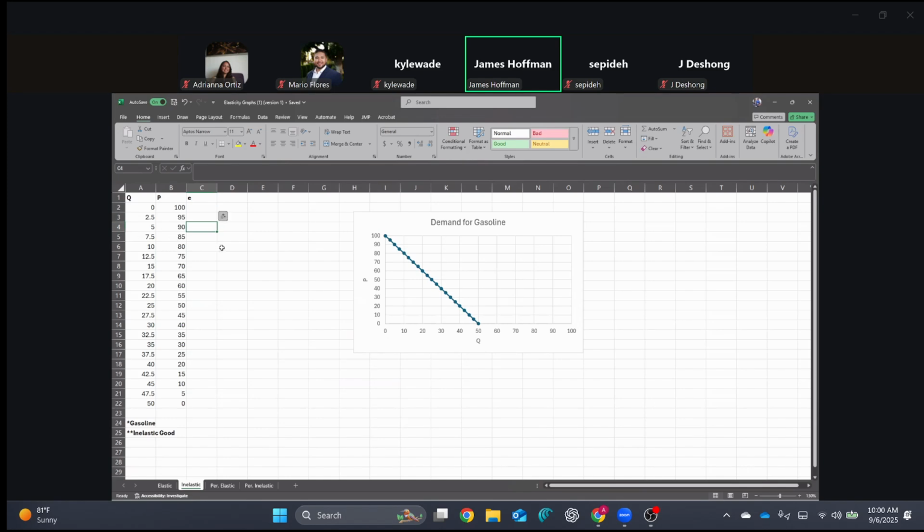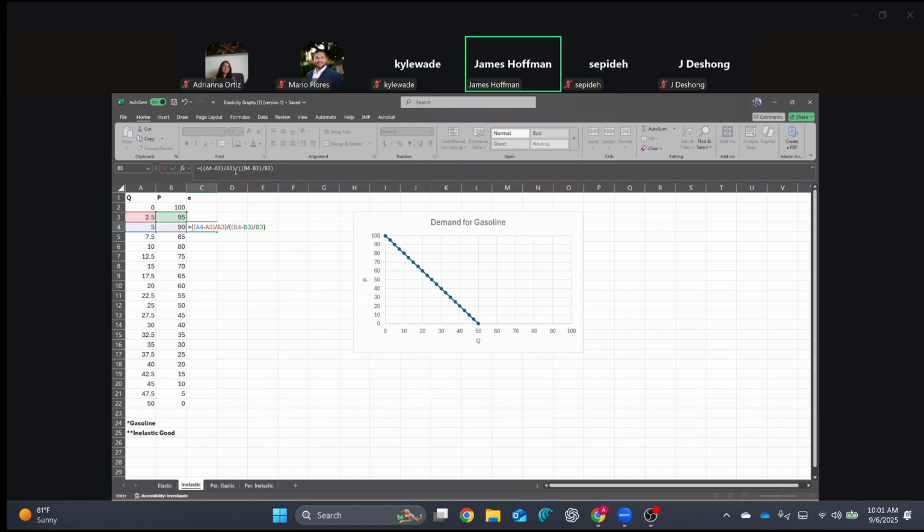To calculate elasticity of the price of gasoline going from 95 to 90, we would just do equals, double parenthesis, 5 minus 2.5, parenthesis, divided by 2.5, parenthesis for the top argument, and then divided by the percent change in price, double parenthesis, 90 minus 95, parenthesis, divided by 95. Okay?